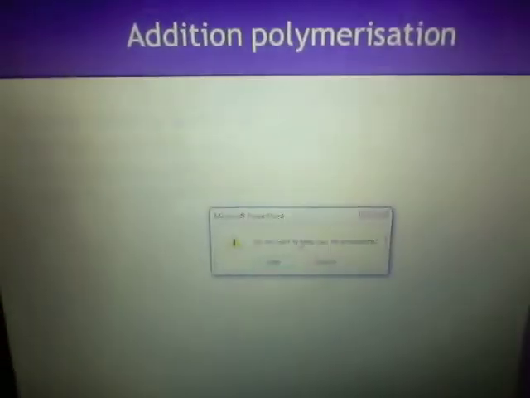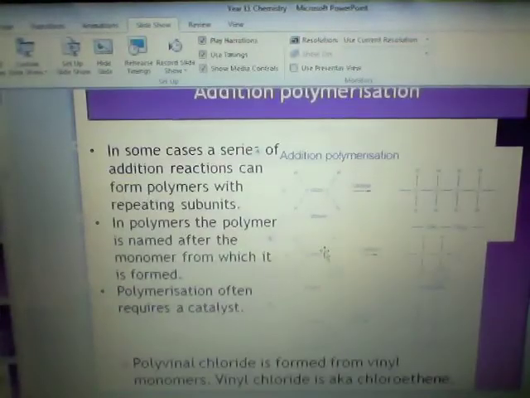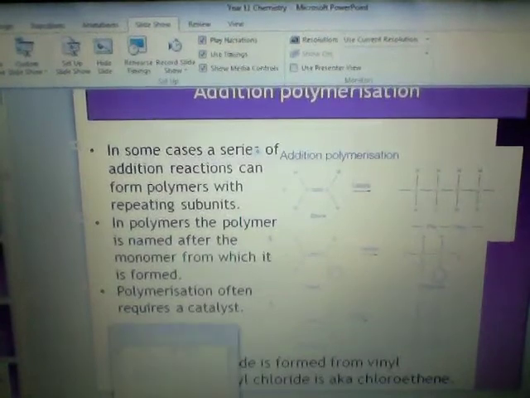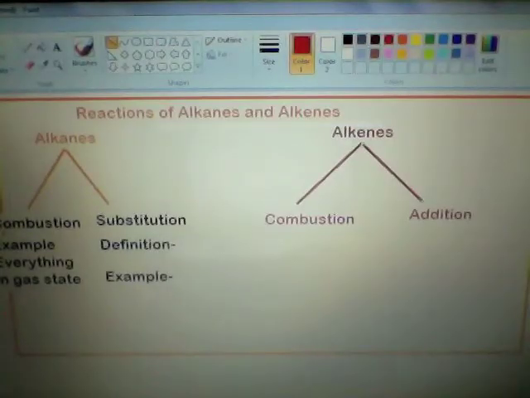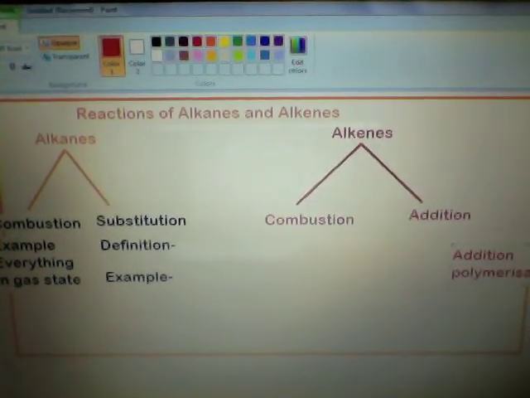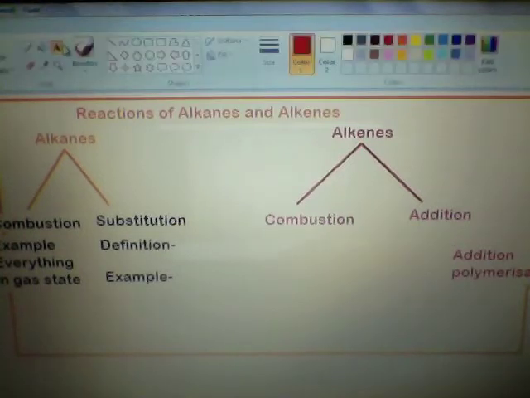So, where do I want you to put addition polymerization? Just going back to the poster. I want you to put it under an example of addition, right? You should have addition. Okay, and we'll get to this side in a minute.